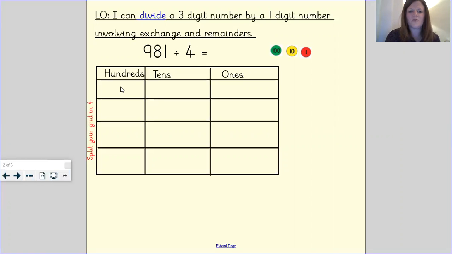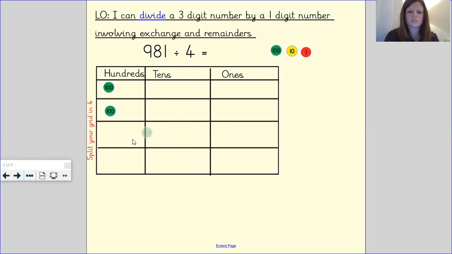I have my place value chart and I've split it into 4 equal groups, 4 equal rows. I'm going to start as usual by sharing my hundreds first. I've got 9 hundreds that I'm going to share into 4 equal groups.